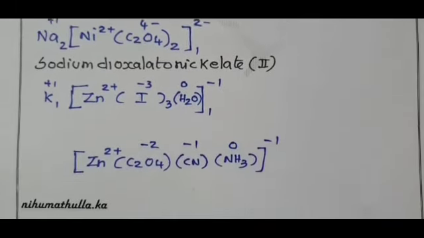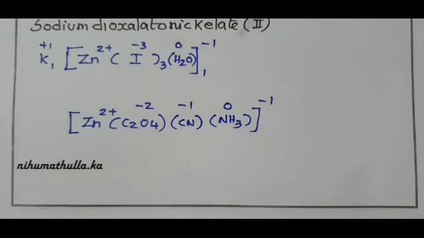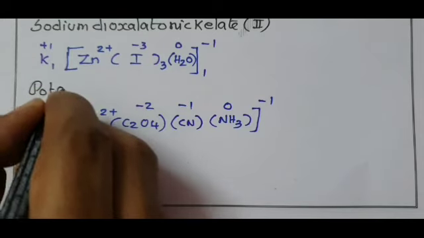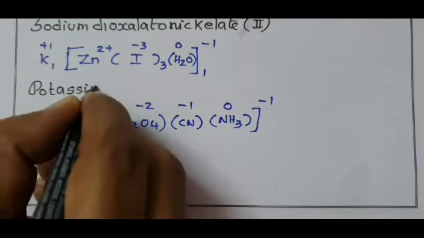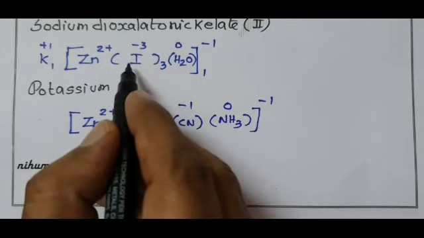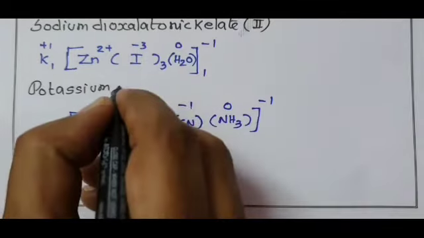Then come to next 2 complexes. The cation name first. Potassium. We have 2 ligands. One is iodido, another one is aqua. So, A is first. Aqua.